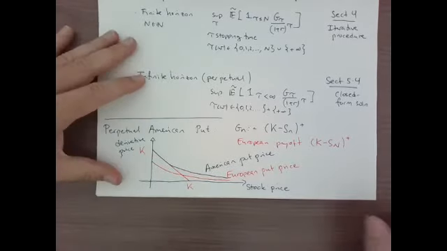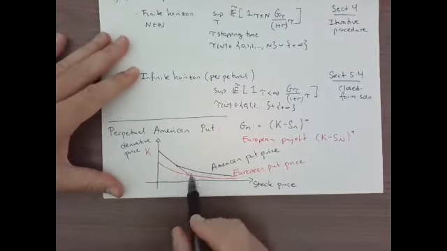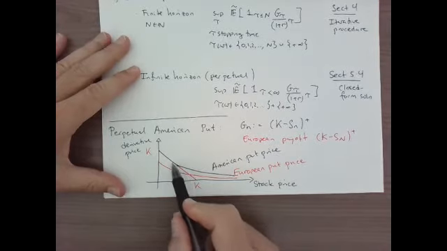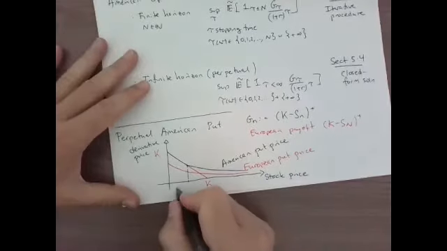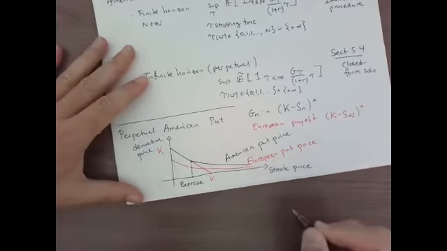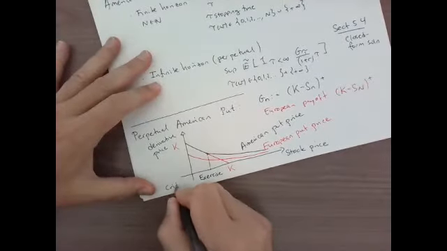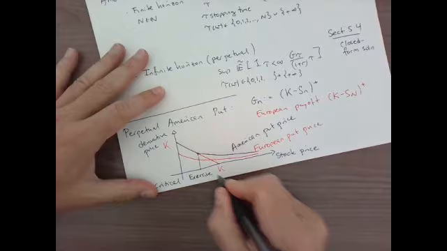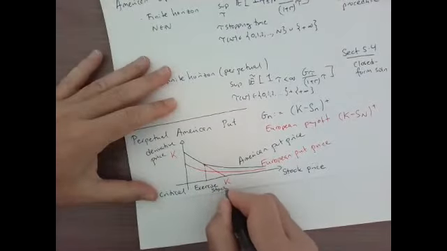And this critical value that we have in here, exactly when the price of the American is going to hit this hockey stick, this is the critical exercise stop price.